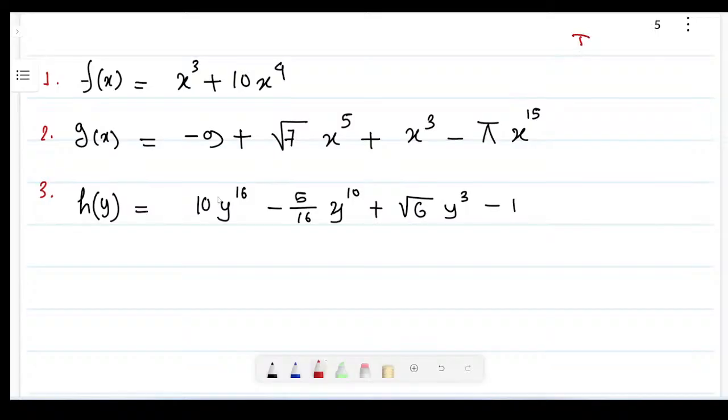So please find out all the degrees of these polynomials and write down in the comments. I'll be right back after some time.